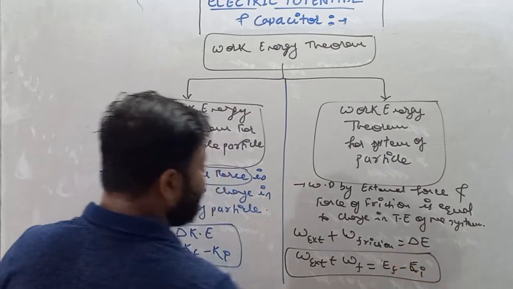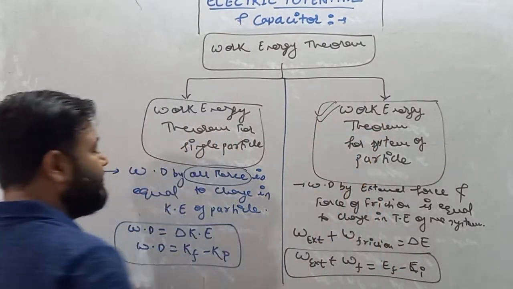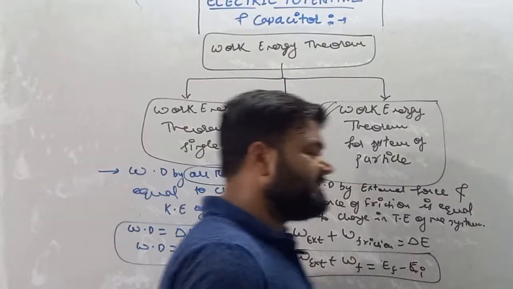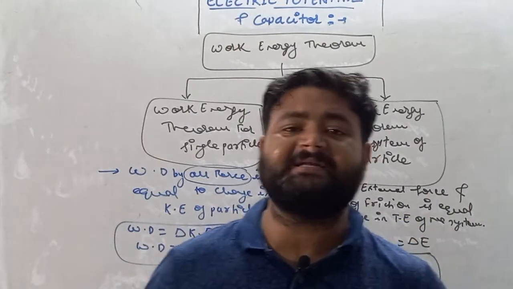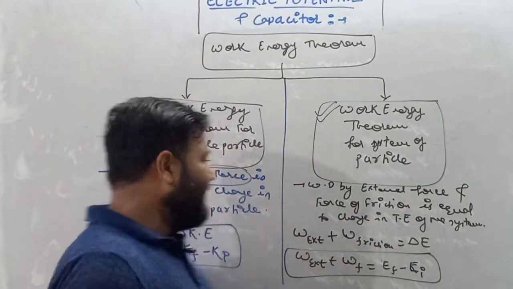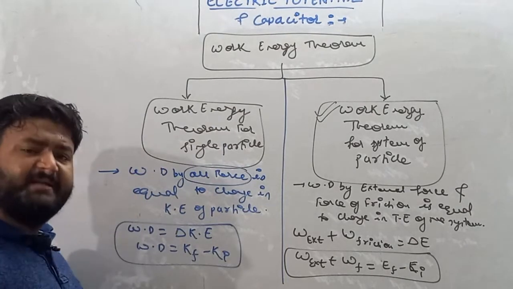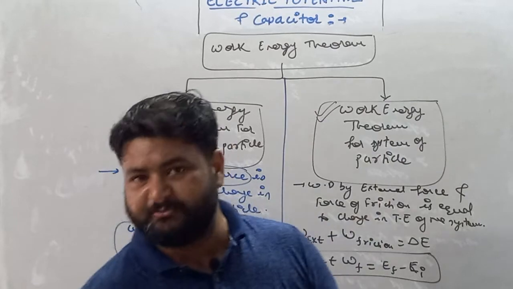This is the formula of the work energy theorem for system of particles. Remember, system of particles means more than one particle. If more than one particle is present, we consider it a system, and if a single particle is there, we consider it a particle.